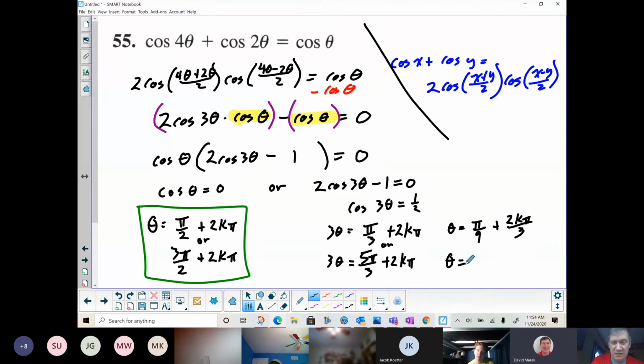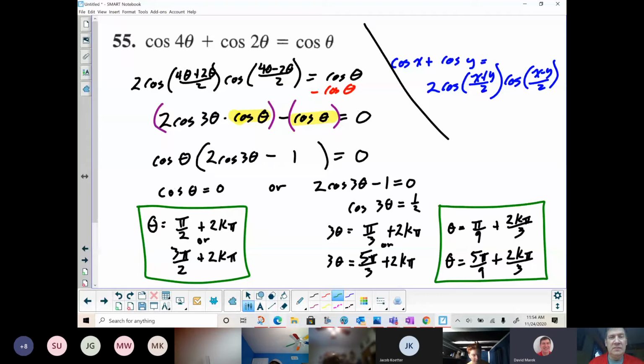Or theta is equal to 5 pi over 9 plus 2k pi over 3. Not pretty, but accurate. Any issues on that?